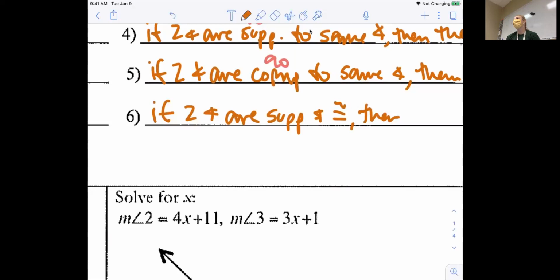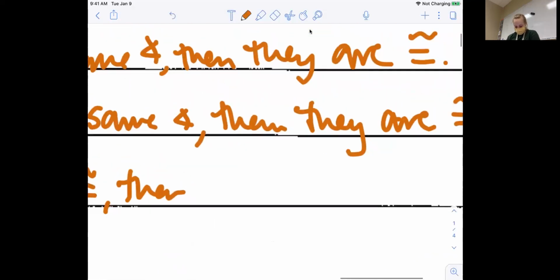No. I like where your brain is at, but that's not right. They're equal to 180. Nope, you were right before. 90 degrees, and that's why I said not correct, but where your brain was at was right. They will be perpendicular to each other, and they are going to be right angles. They are 90-degree angles.